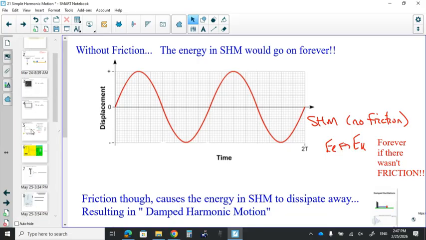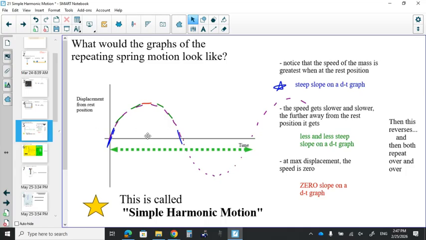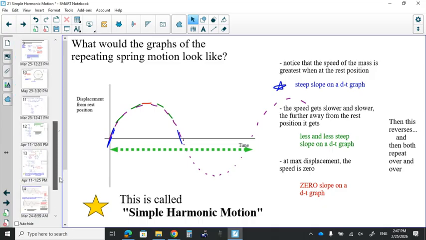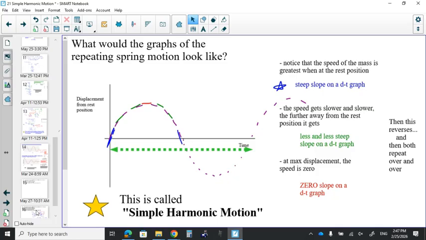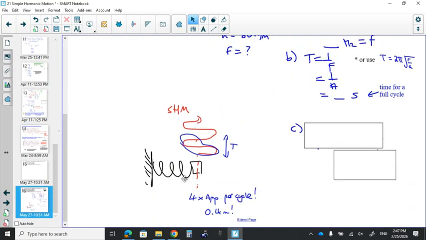I didn't call it amplitude then, but we certainly did in my class in grade 11. So the maximum distance from the rest position is your amplitude, how big of a peak that is. And then you call this one a crest, and this one's a trough, to use some of the lingo from grade 11. But in the end here, we have 4 of those amplitudes per cycle. So a full cycle is 0.4 meters.